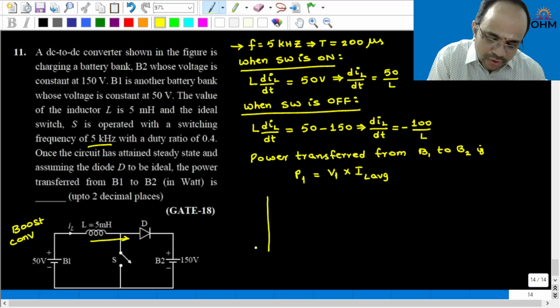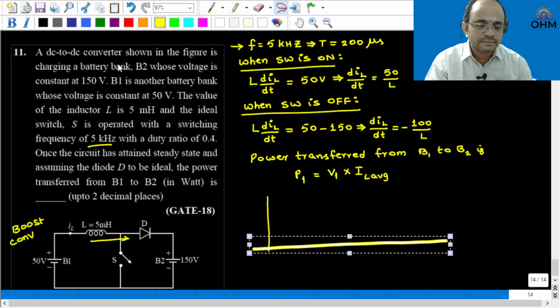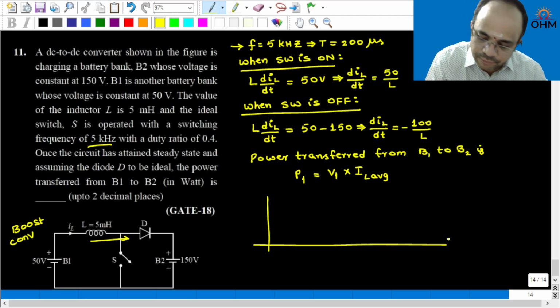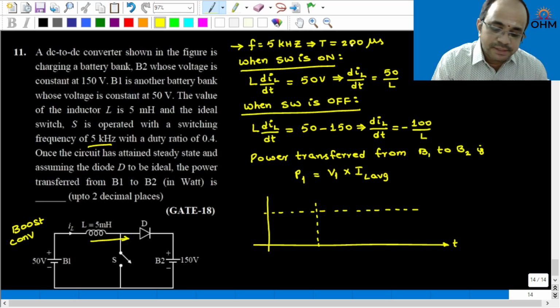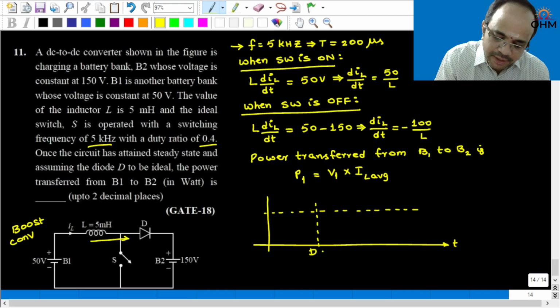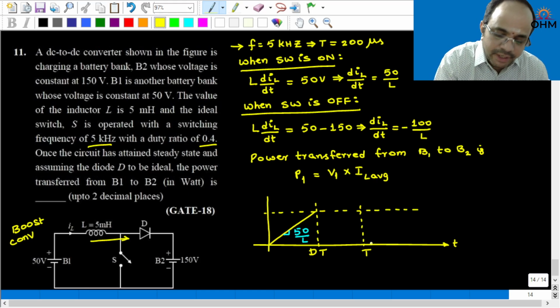Okay. So, if you draw the waveform for this inductor current, when the switch is turned on, that means dT, where D is given as 0.4, let me write dT itself, the inductor current will increase with a slope of 50 by L. Next, from dT to T, if you observe carefully here, the storage of energy in the inductor is taking place for a period of 80 microsecond.